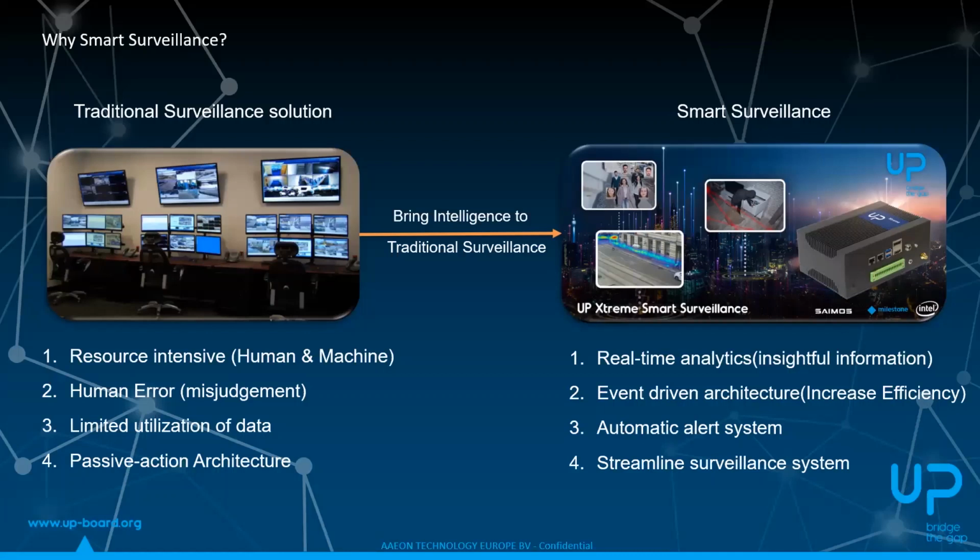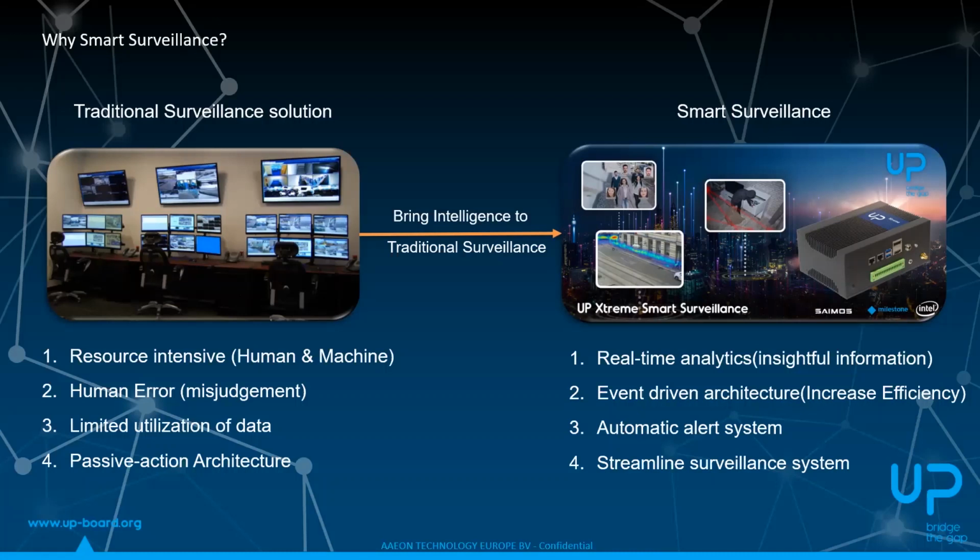Why do we need smart surveillance and why is it so important? First, let's take a look at the traditional surveillance we have today. It's very resource intensive, no matter to machine or human. As you can see from the image here, the owners need to invest a lot in their surveillance control room. And usually in traditional surveillance solutions, we count on human judgment, and it's very likely to get misjudgment due to long periods of monitoring.